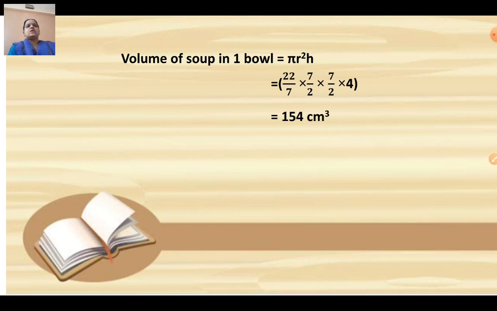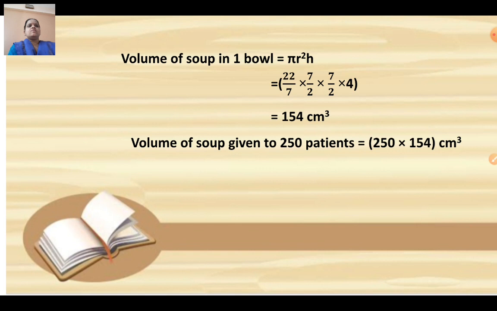This much quantity of soup is required for one bowl. That means it is required for one patient. But how many patients are there? There are 250 patients. So we will multiply by 250. So volume of soup given to 250 patients is equal to 250 into 154.